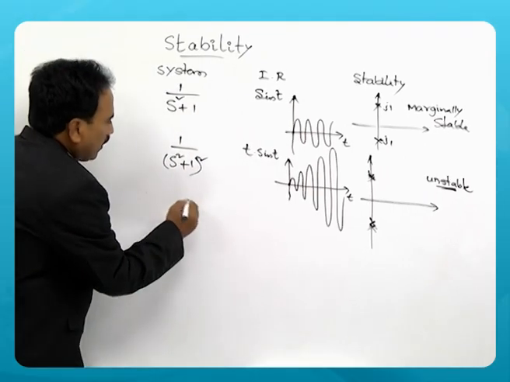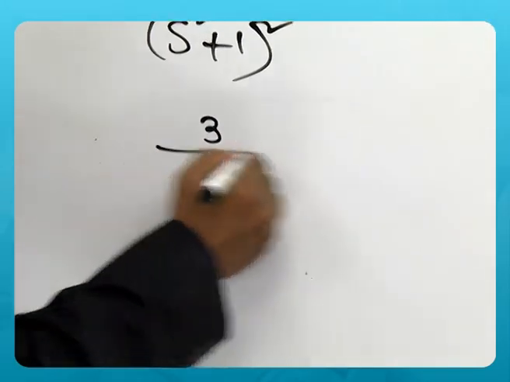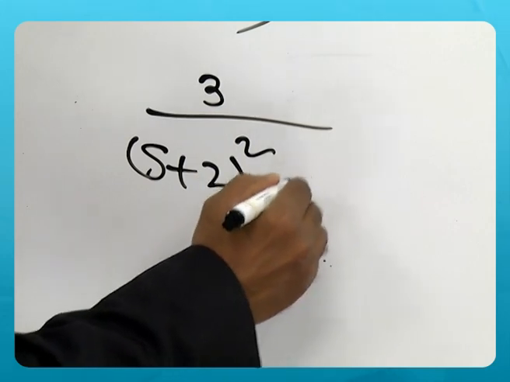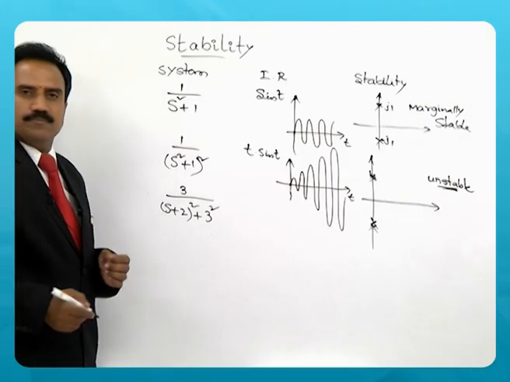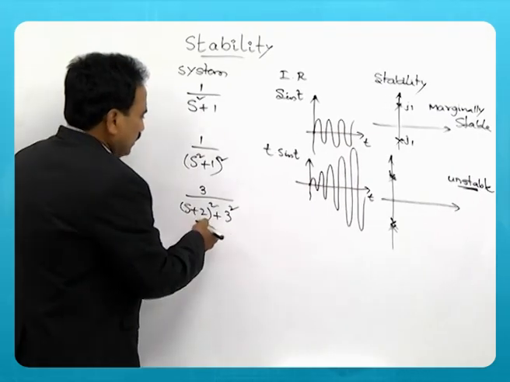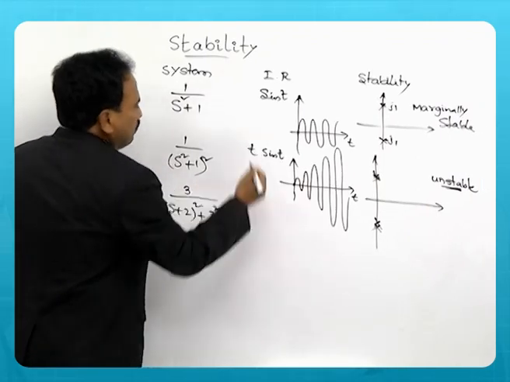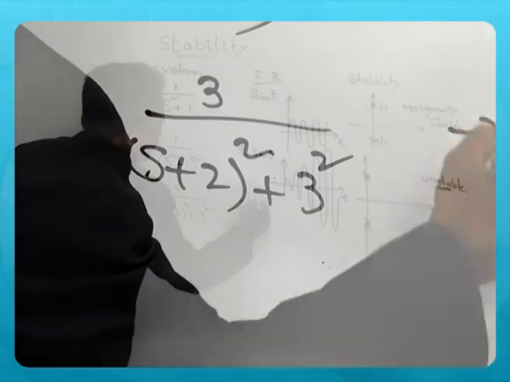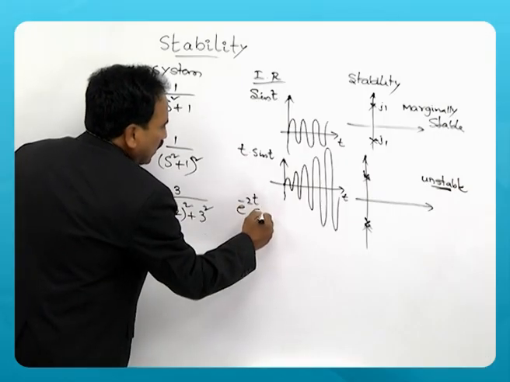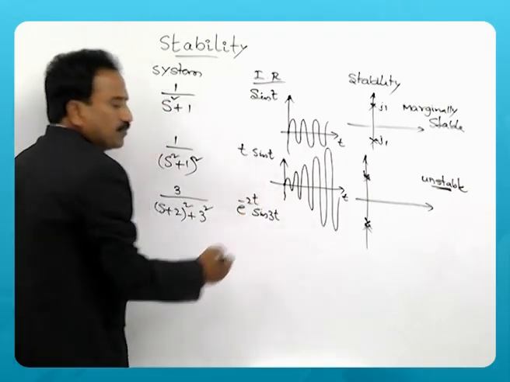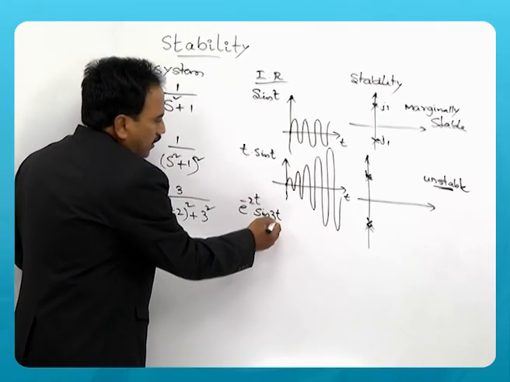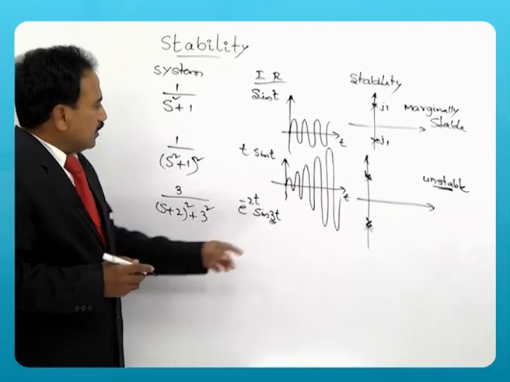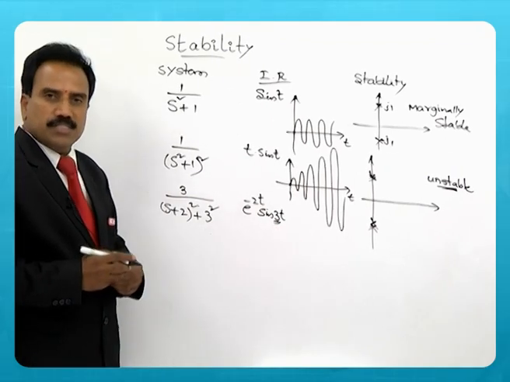Now if you have a function like 3 by s plus 2 whole square plus 3 square, then the Laplace inverse, that means the impulse response for this function, is e power minus 2t sin 3t, where this 3 indicates the frequency of oscillations, that is 3 radians per second.